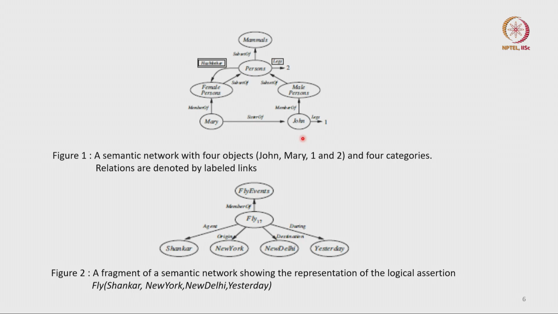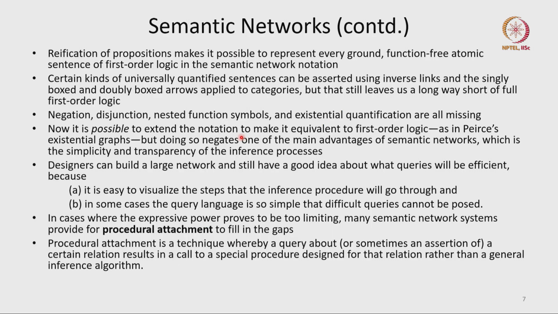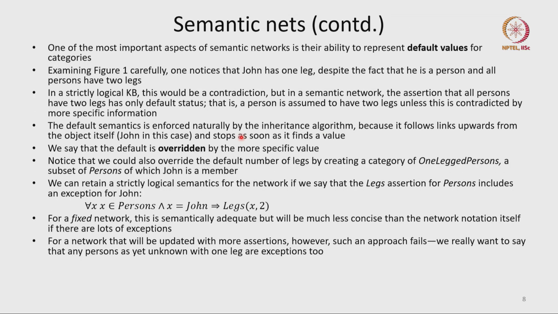The first value it finds for what it is looking for, that is what it is going to take. So, obviously, you have an exception here which says that John has only one leg. So, the default is overridden here by the specific value that we have.